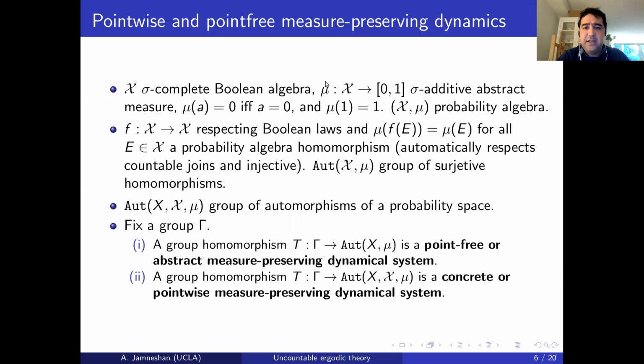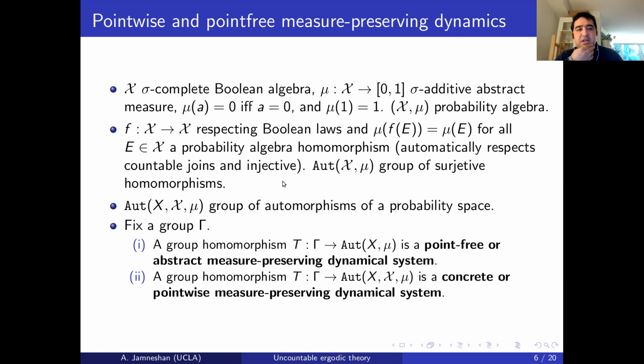And by imitating the normal definition of a probability measure, we can define a sigma additive functional on X, but having the stronger property that a set takes measure 0 if and only if it is the 0 element of the Boolean algebra. And of course, the whole set, or 1 in the Boolean algebra, will have measure 1. So such objects are also called probability algebras.